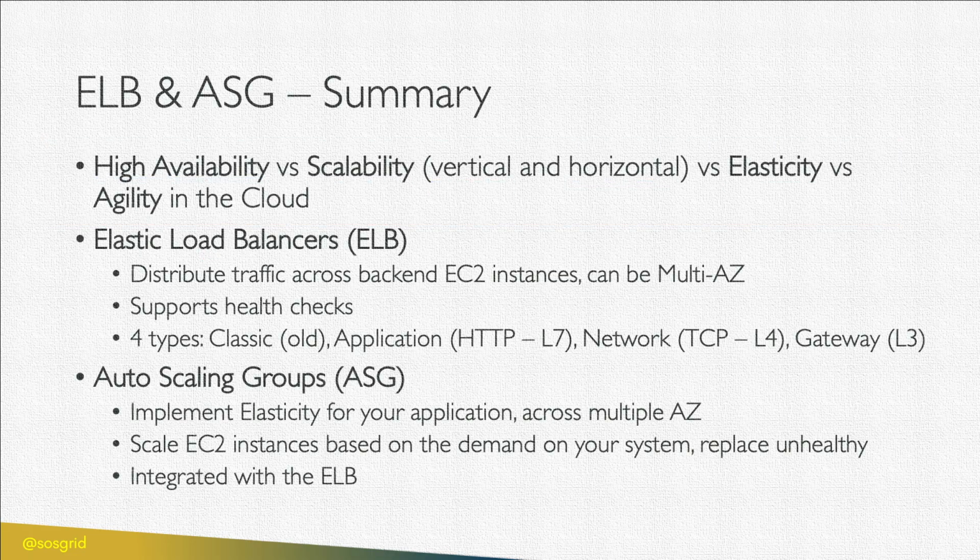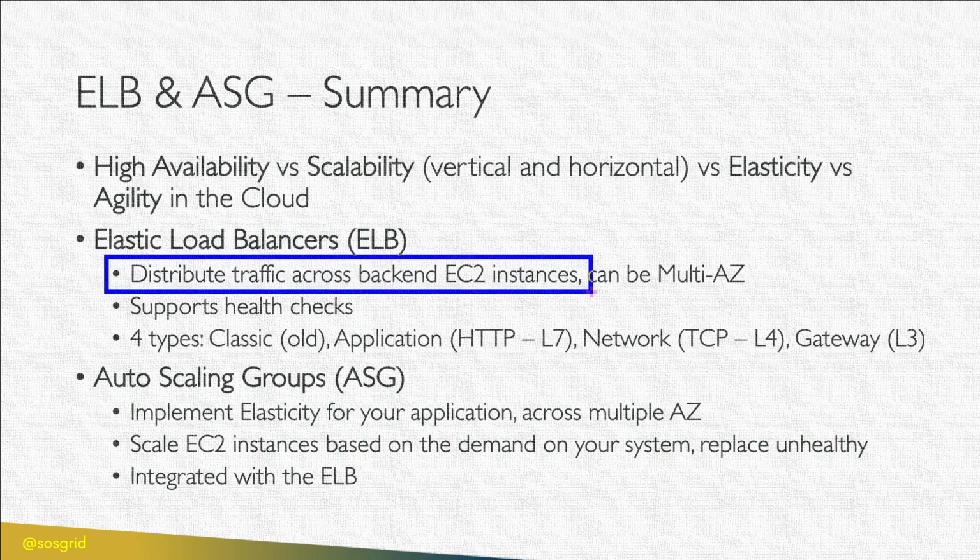Okay, and after that we talked about elastic load balancers, or the ELB, and this was one of the services we also practiced in AWS, which simply helps you distribute traffic across the backend of EC2 instances, and you can have it across multiple AZs.